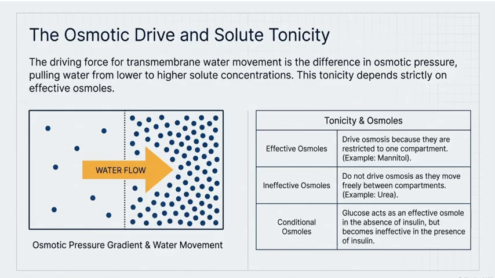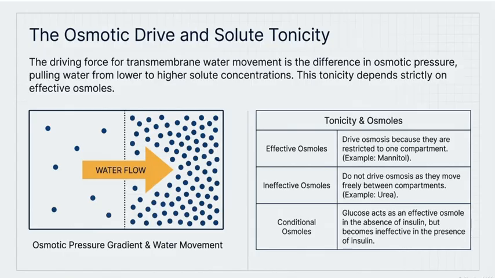The primary driving force for the water movement is osmotic pressure. Water moves from areas of the low solute concentration to the high solute concentration. But clinically, what matters is the tonicity, which depends on the effective osmoles. Effective osmoles like mannitol stay in one compartment and pull the water.